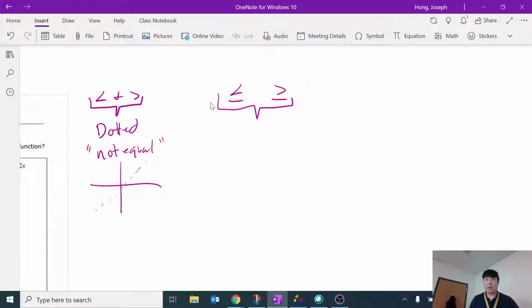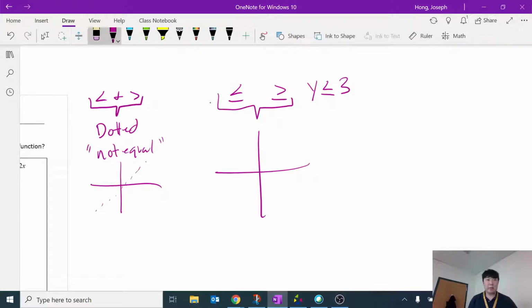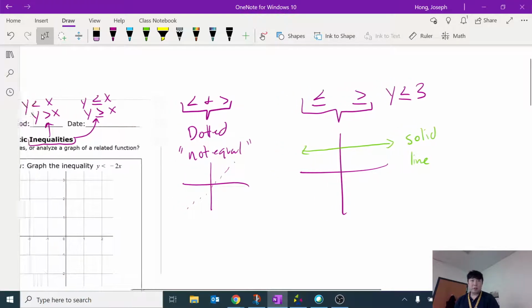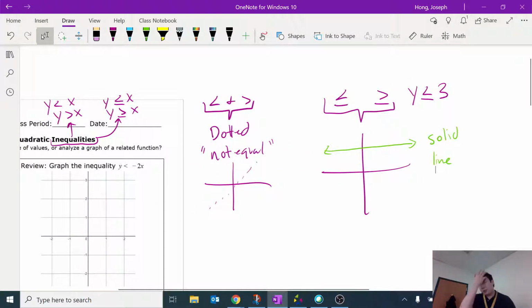For example, if I had y is less than or equal to 3, I would graph this with a solid line because I do include everything on this. So like this, this is a solid line. So those are two situations grouped together.